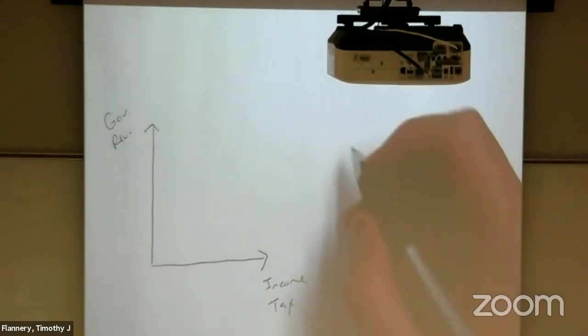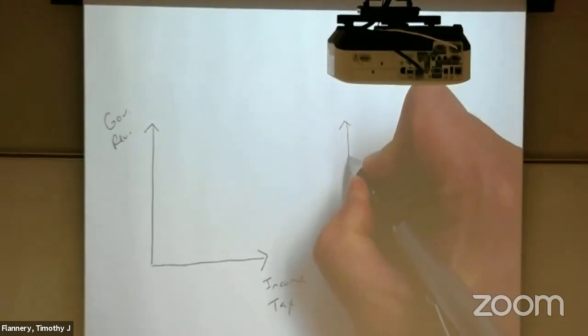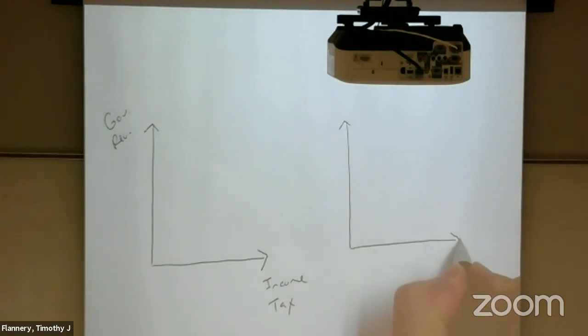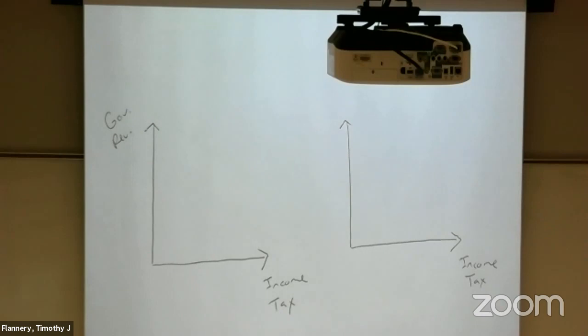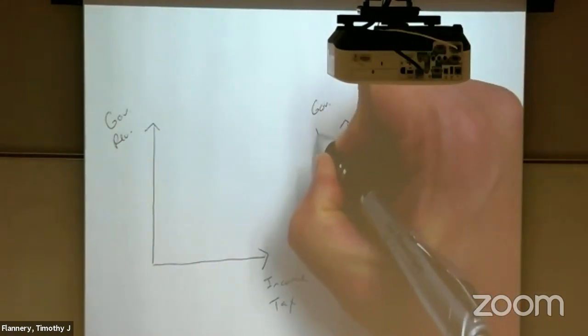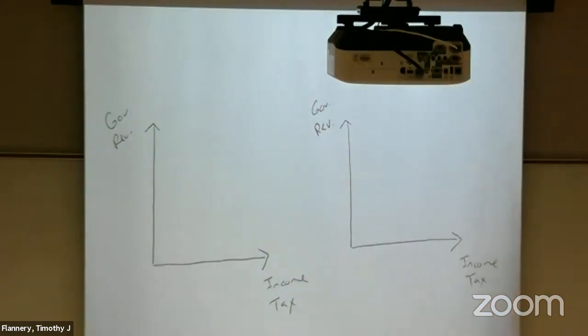So I'm going to draw two Laffer curves. Again, I don't like that name. I think there's even documentation over 1,000 years old or multiple thousand years old from China that shows that people knew about this for a while, but Art Laffer popularized the idea.